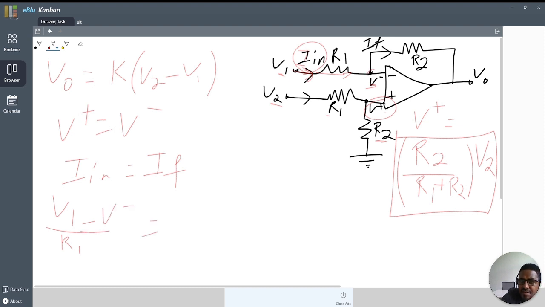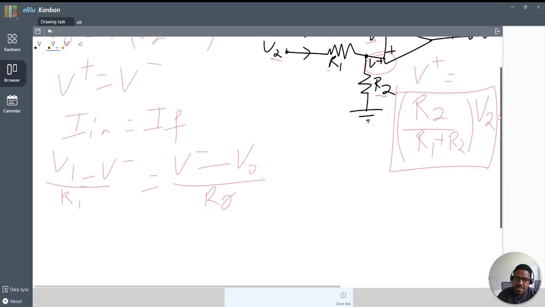Again, IF from V inverting over R2, goes to the minus of V out over R2 of the feedback resistor.